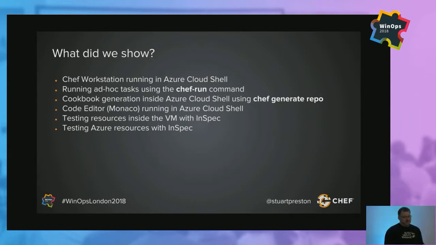We ran some ad hoc tasks with the chef-run command. Showed you the classic ChefDK tools you're used to are there inside Cloud Shell. Code editor running inside Cloud Shell. We tested resources inside the VM with InSpec, which I'll go and check. And finally, we showed testing Azure resources with InSpec.